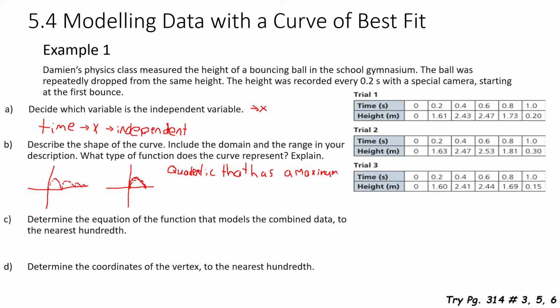So if it has a maximum, our domain and our range, our domain in this case, we're just measuring one bounce, right? So our domain in this case is 1 second.